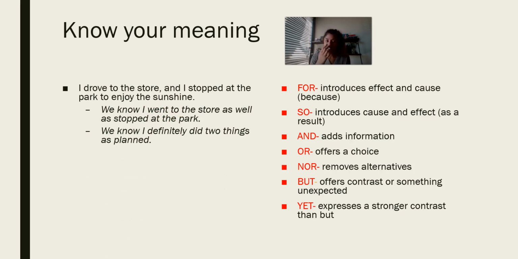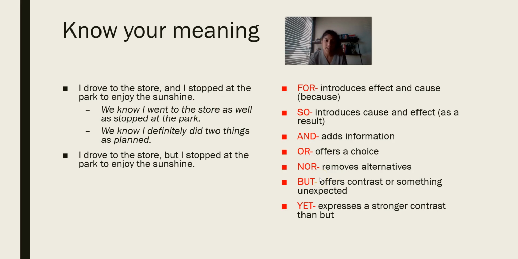On the other hand, if I say I drove to the store, but I stopped at the park to enjoy the sunshine, "but" is offering a contrast or something unexpected, and now it's more ambiguous. We know that I stopped at the park, but it's left hanging whether I ever actually made it to the store.